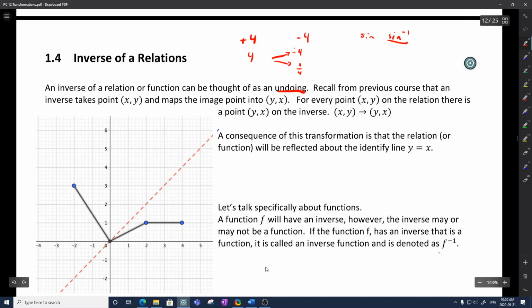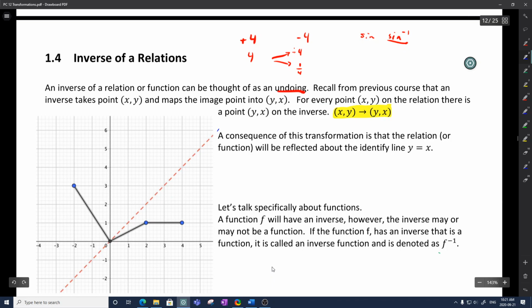Recall from previous course that the inverse takes point (x, y) and maps it into an image point (y, x). For every point (x, y) on the relation, there is a point (y, x) on the inverse. What's really important is graphically, we start off with point (x, y) and it maps into the image point (y, x).